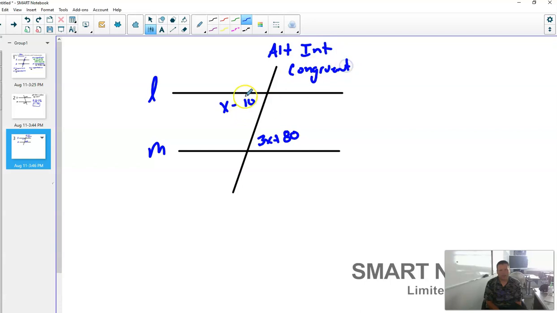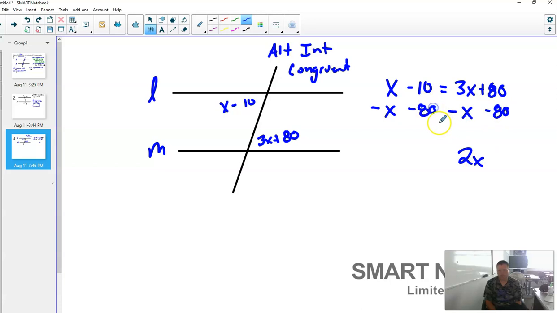So x minus 10 has to be equal to 3x plus 80 for us to guarantee they're parallel. I can subtract the x over and get 2x minus 80, which gives negative 90, and then divide by 2. So x has to be negative 45. When you start making up your own values, you end up with some values that make it funky.